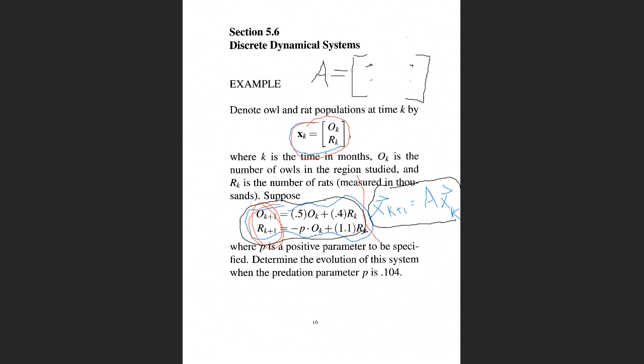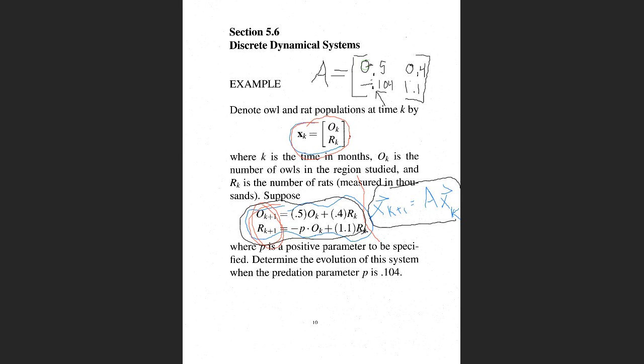Hung says we should have a 0.5 here and a 0.4 here, and a 1.1 here. But then what's going to go here? Is it going to be 0.104? Ah, good, Eleni. That's right. Negative 0.104.